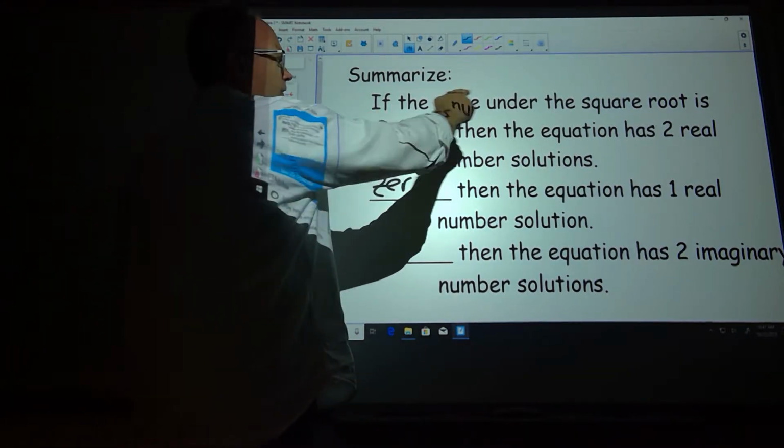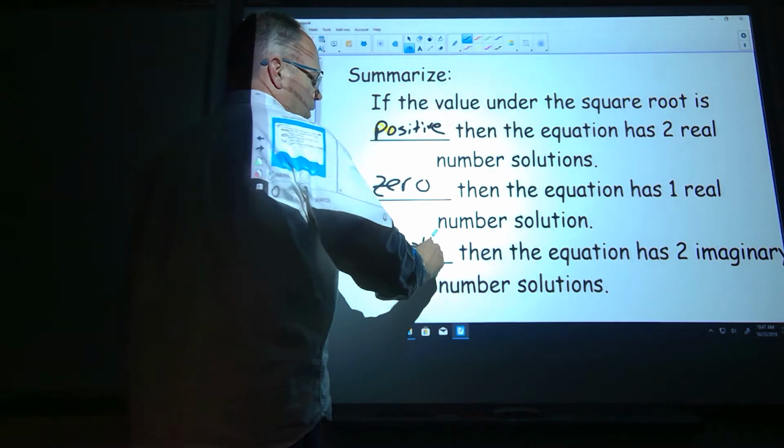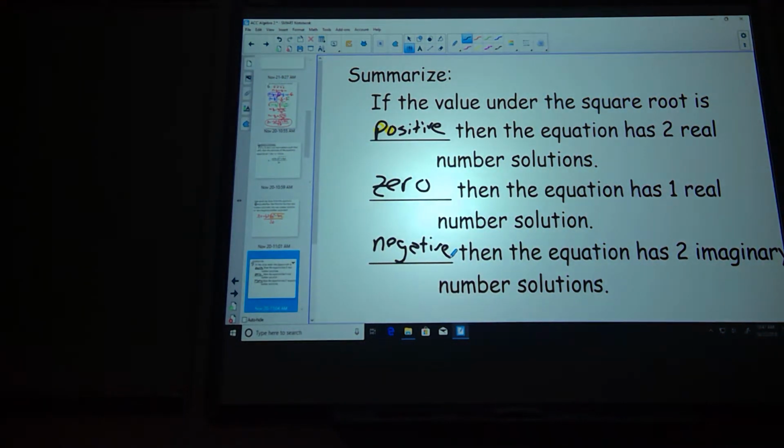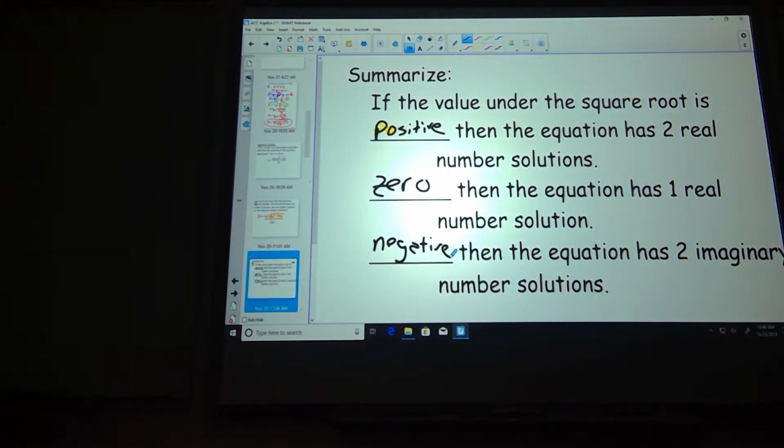And if the value under the square root is negative, then you have two imaginary solutions, which are part of the complex numbers. Is that okay?